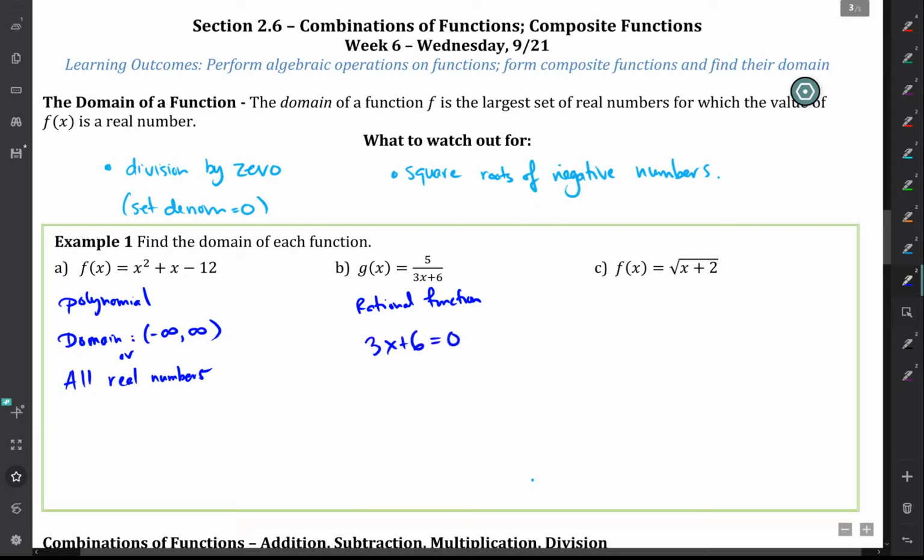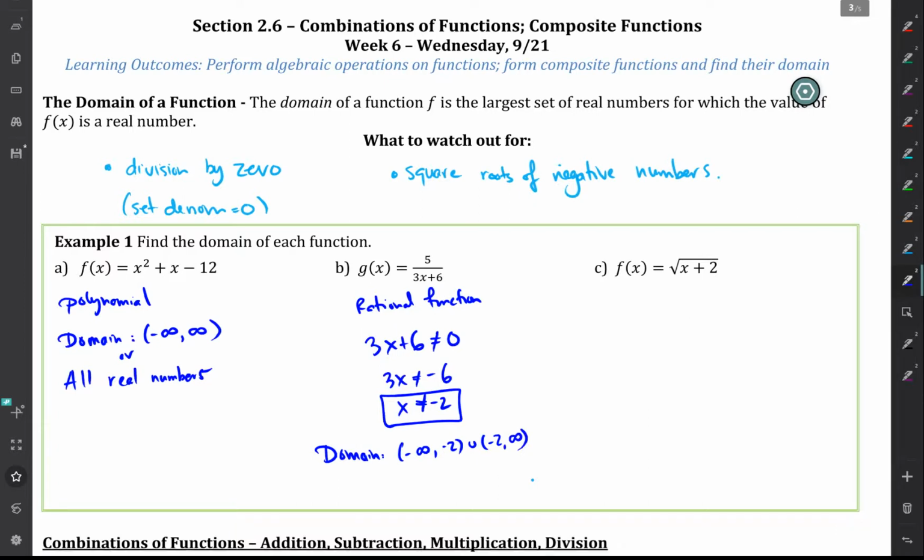So 3x plus 6 cannot equal 0, which means that 3x cannot equal negative 6, or x should not equal negative 2. Okay? So our domain in this case is negative infinity to negative 2, union the interval from negative 2 to positive infinity. So it's all reals except for x equals negative 2.